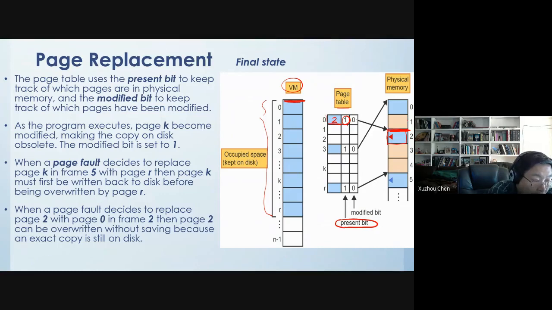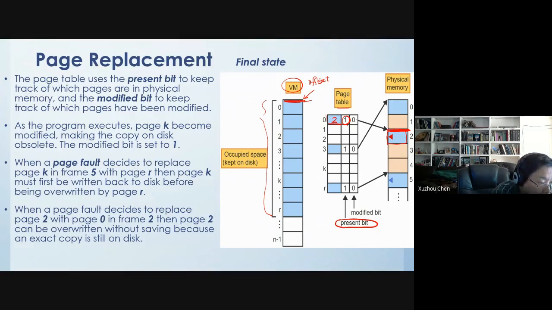Since this is the first instruction in page 0, it maps to the first instruction in frame number 2. The location of this memory address within the page is called the offset.